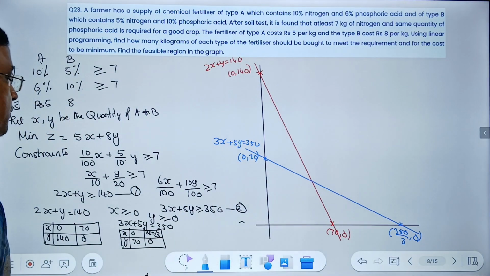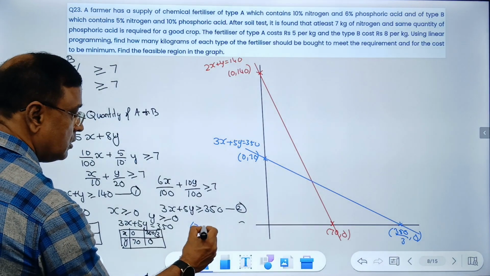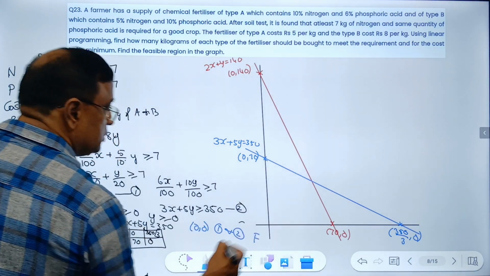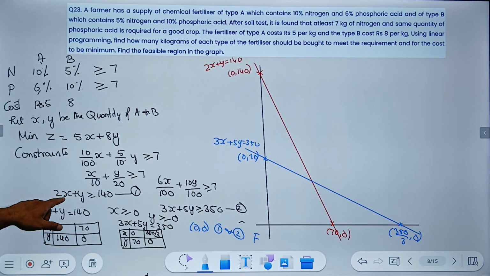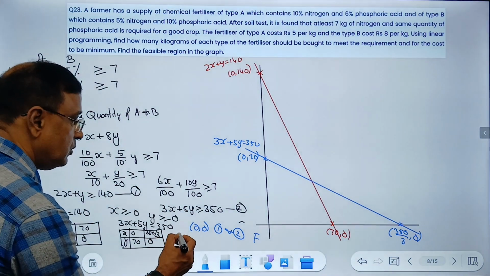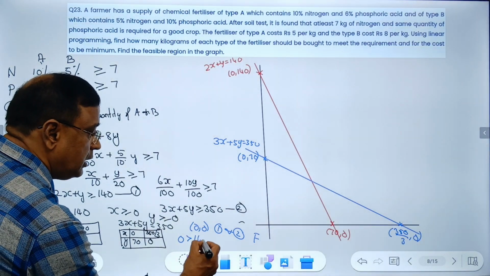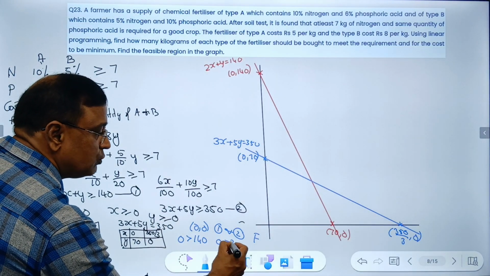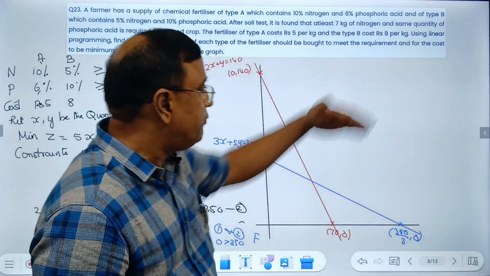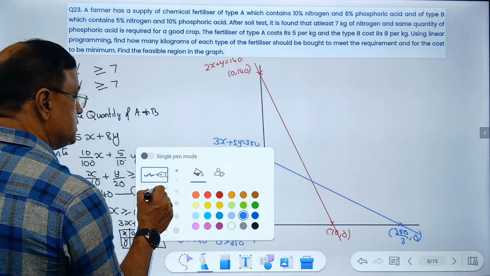Now, if you substitute origin in 1 and 2, both will be false, because you'll get 0 greater than or equal to 140 and 0 greater than or equal to 350. So it can't be towards origin, it has to be away from origin, so it is an unbounded region.